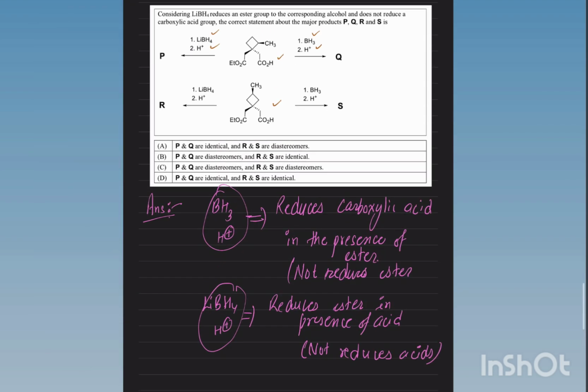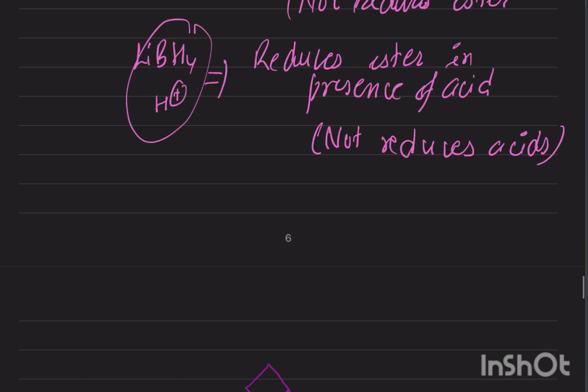What is given in the question is a four-membered ring like this. In this four-membered ring, we have a methyl group. The functional groups are there: one is the COOEt, the other one is the COOH. So the second molecule is like this.